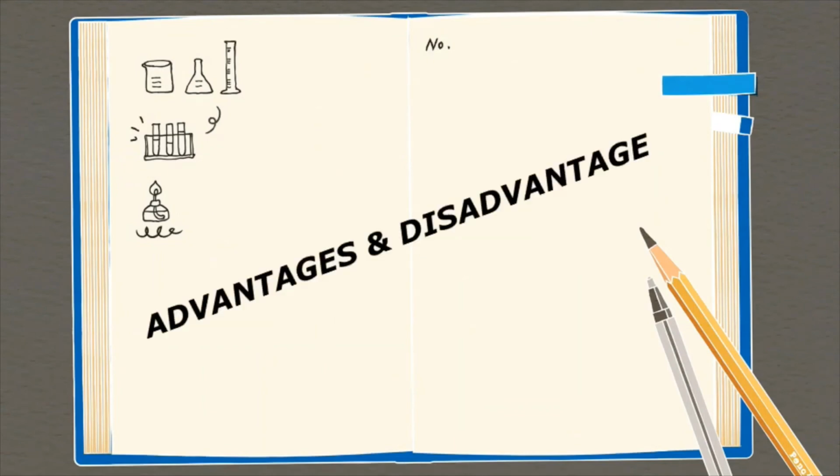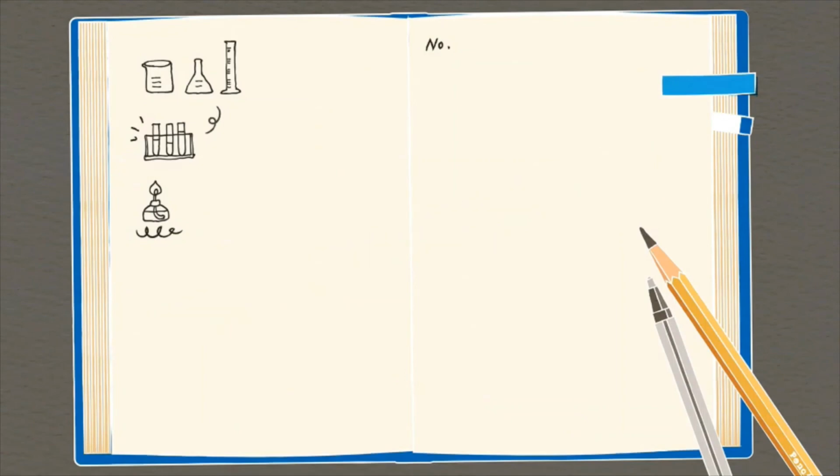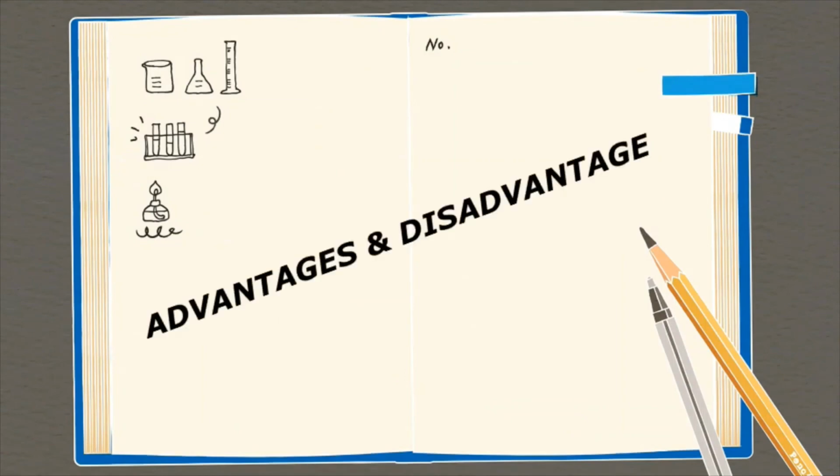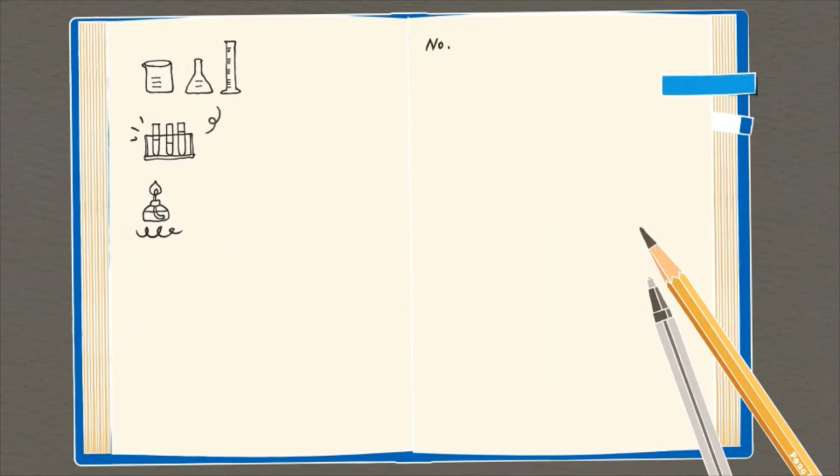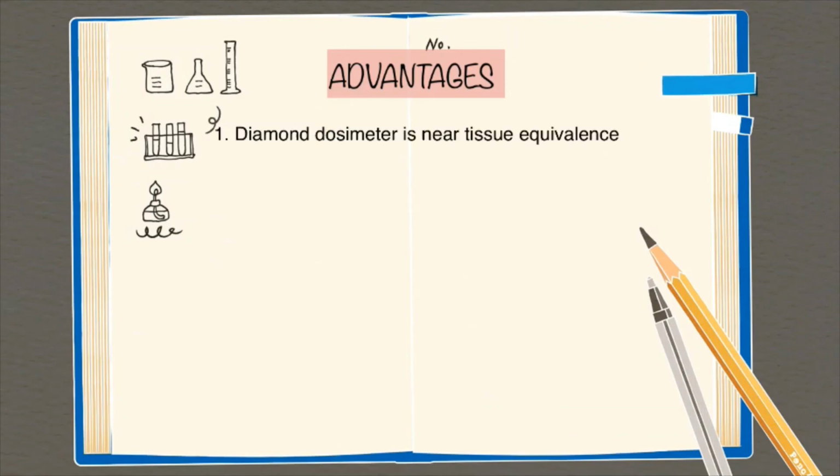Every type of dosimeter has their own advantage and disadvantage in order to complete the system. There are few advantages and disadvantages that can be focused on in diamond dosimeter. Firstly, the advantage of diamond dosimeter is nearly tissue equivalence. As we know, the diamond is one of the most stable carbon.